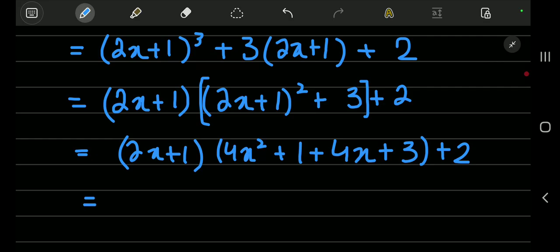Now what do we get? 4x squared plus 1 plus 4x plus 3, which is 4x squared plus 4x plus 4.